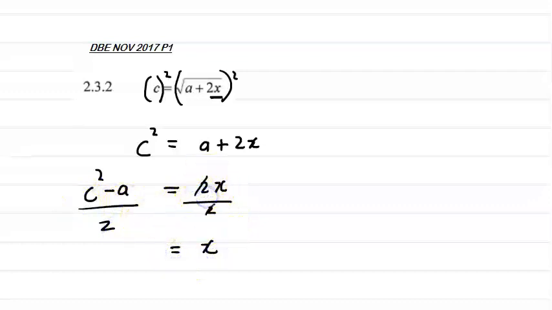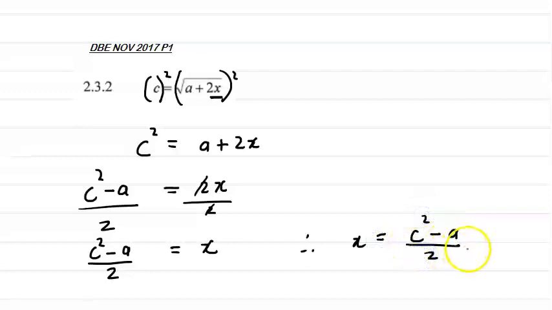Remember, the 2 and 2 cancel here. It's going to be c squared minus a all over 2. And that's our answer, right? Which can be written as x equals c squared minus a all over 2. It doesn't matter which side you read it from.